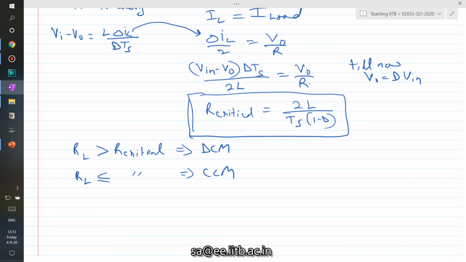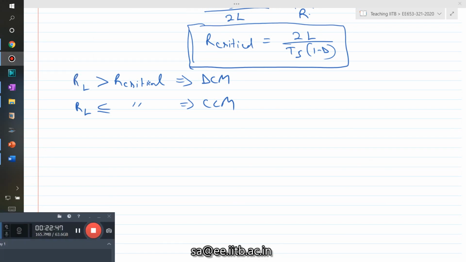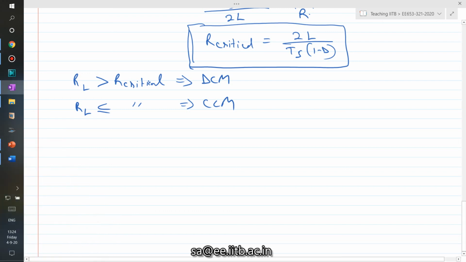One more thing to understand here is that R critical depends on L, Ts and duty cycle.